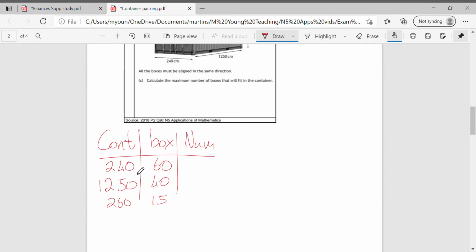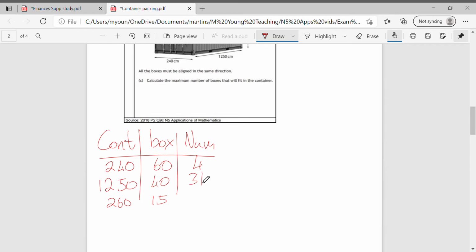I'm going to divide the left by the right hand side to work out how many can fit. And again, this is paper 2, so these are, as I say, typically calculator. So I could fit 4 in this way. 1250 divided by 40, I'm getting 31.25, but that's going to round down to 31.